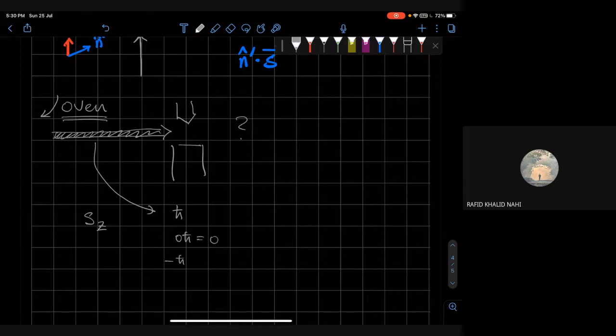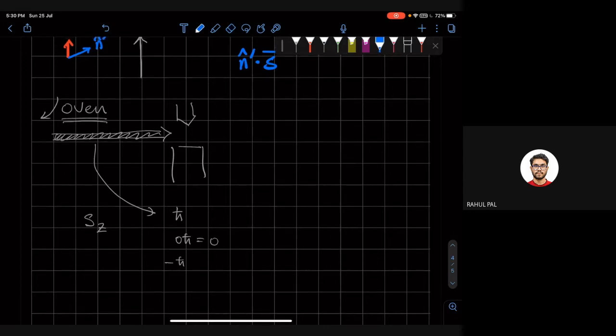Josh, what do you think? Yeah, I had the same idea, like 3 separate states. Rahul, do you follow what they're trying to say? Yeah, I get it now. So you guys are right. There will be 3 beams coming out.